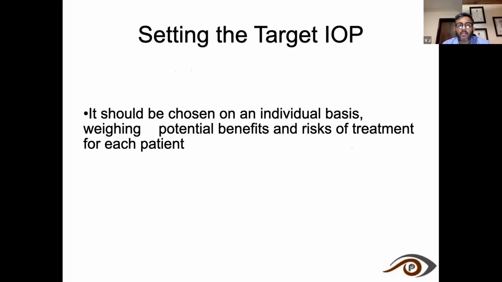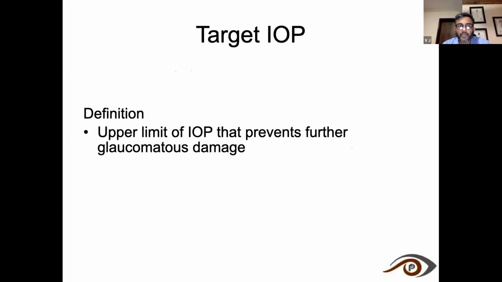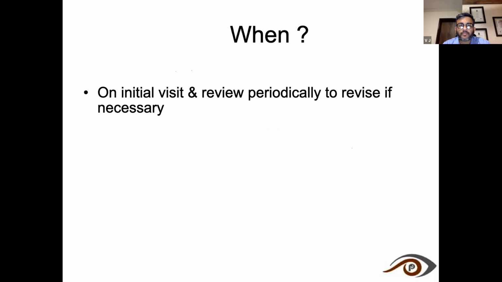Also, target intraocular pressure should be chosen on an individual basis, weighing all the benefits and risks of treating in each patient. To define a target intraocular pressure, it would be the upper limit of intraocular pressure that would prevent any further glaucomatous damage in that particular patient.